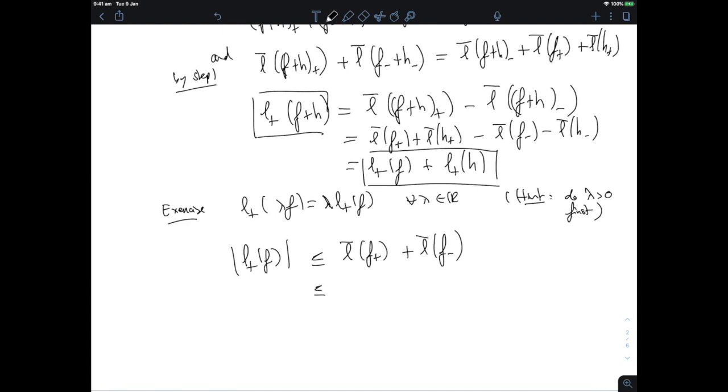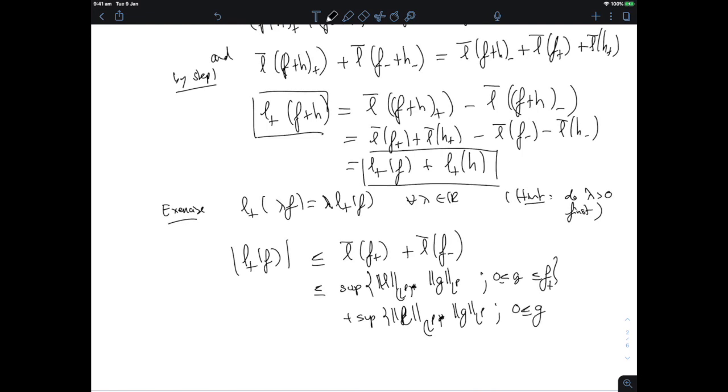It's the supremum of the LG for G between 0 and F. So it's the supremum, certainly smaller than the supremum of norm of L in LP star times norm of G in LP over all those G's that are below F plus and non-negative, plus the supremum again of norm of L in LP star times norm of G in LP, this time for G between 0 and F minus.